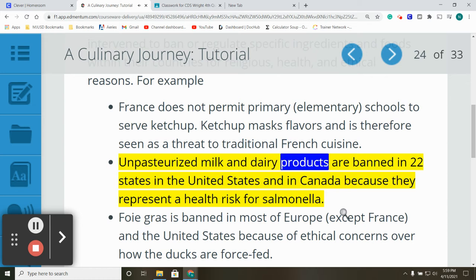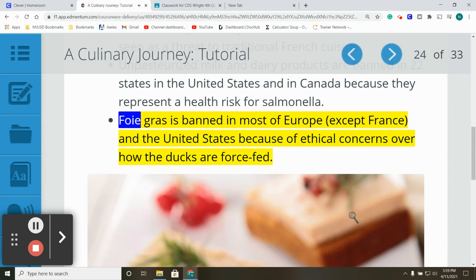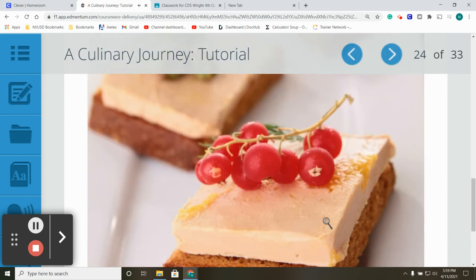Unpasteurized milk and dairy products are banned in 22 states in the United States and in Canada because they represent a health risk for salmonella. Foie gras is banned in most of Europe, except France, and the United States because of ethical concerns over how the ducks are force-fed. Foie gras on gingerbread.